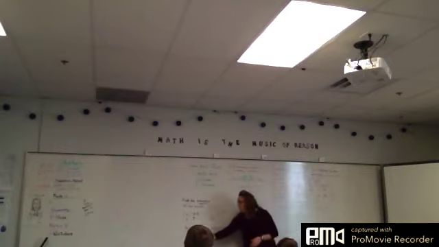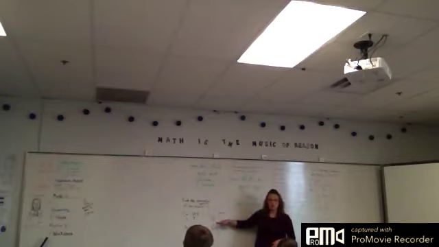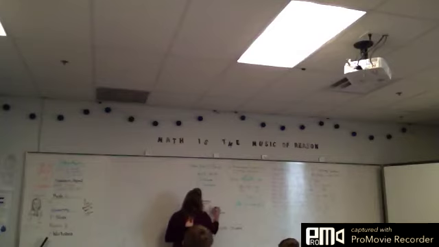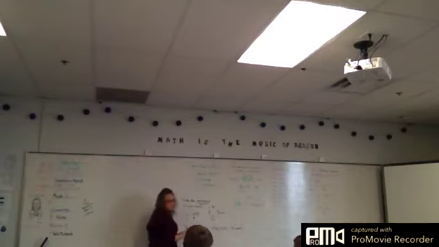To find the perimeter, I have to plug this back into the x. 2 times x, 2 times 4 is 8. So that means this side is 8. This side is 8. 8 and 8. So 8 plus 8 plus 8 plus 8, which is the perimeter, is 32 units.